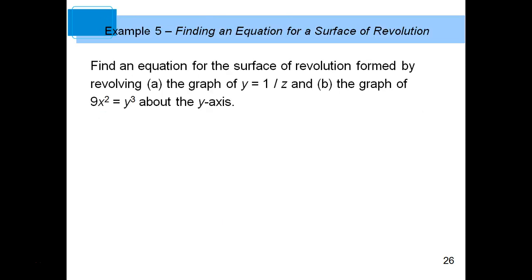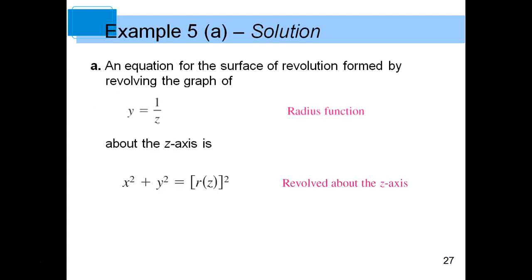Let's find the equation for the surface of revolution formed by revolving first the graph of y equal to 1 over z, and then we're going to look at the graph of 9x squared equal to y cubed, and now we're going to be going around the y-axis. So if I'm revolving the graph of y equal to 1 over z, that's my radius function, then if my radius function is written in the form of z, then it's r of z.